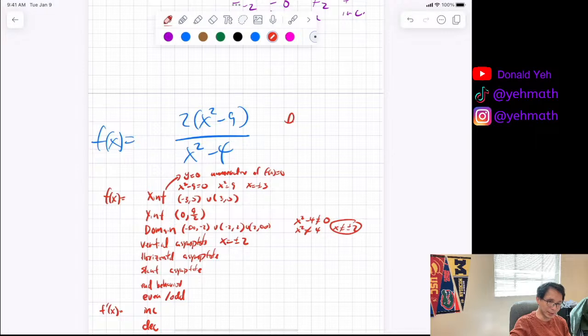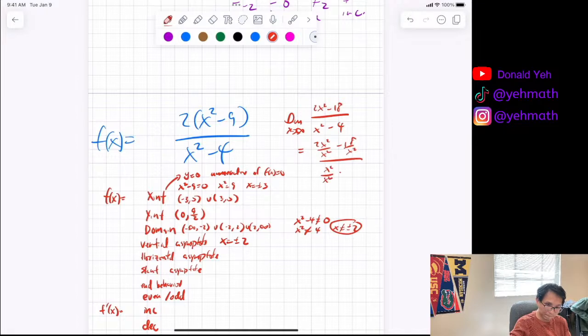The calculus way is the limit as x approaches infinity of 2x squared minus 18 over x squared minus 4. I just distributed the 2. Why do I use the calculus way? Because in this case we are learning about calculus, the limit as x approaches infinity. Dividing top and bottom by x squared, you get 2x squared over x squared. When x approaches infinity, the other terms cancel out.